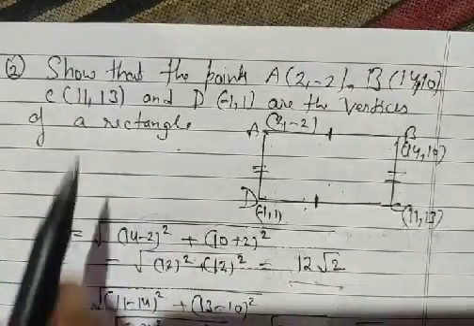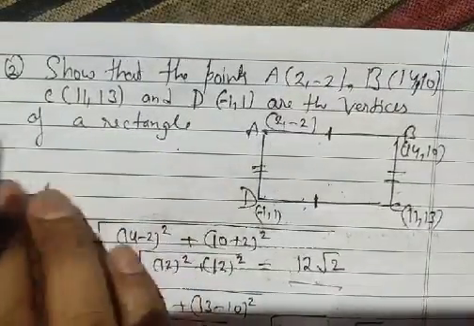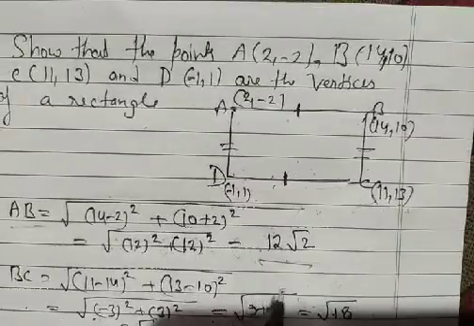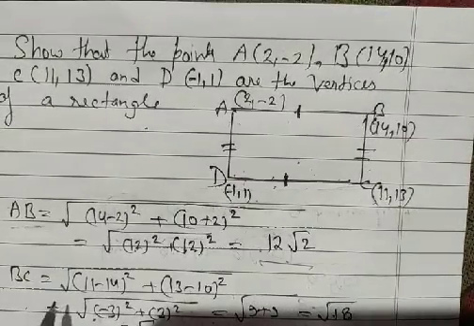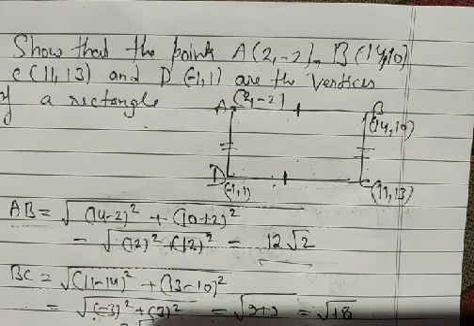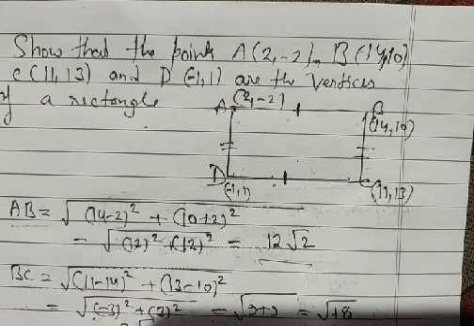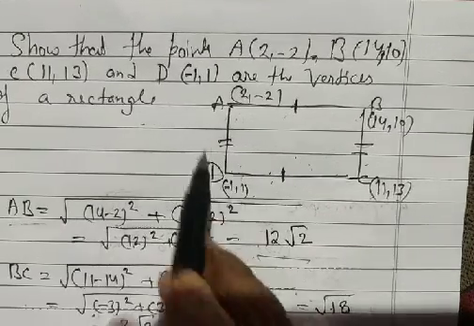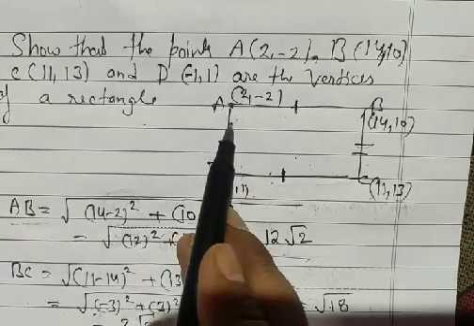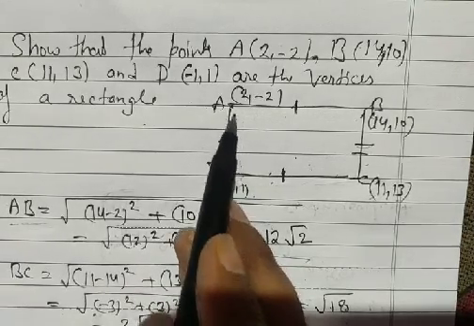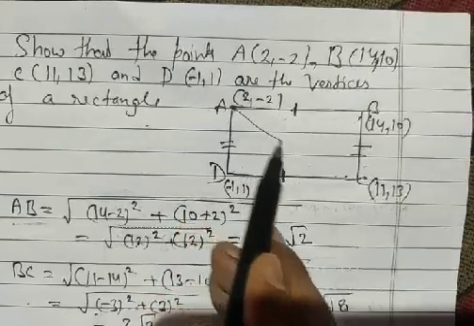To show that the parallelogram is a rectangle, we must show that one of the angles is 90 degrees. To show this, we are going to join AC.